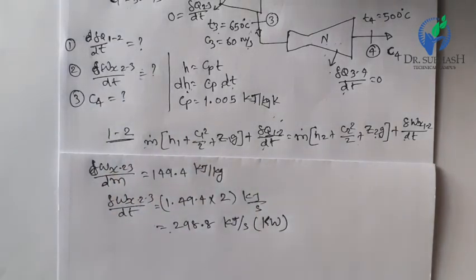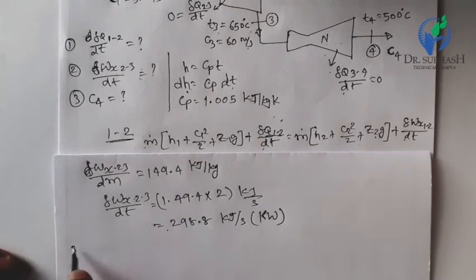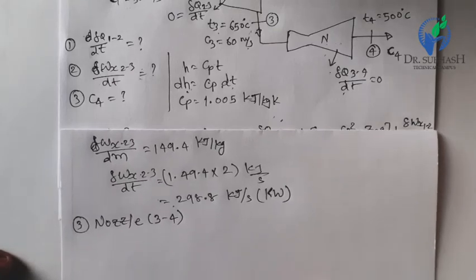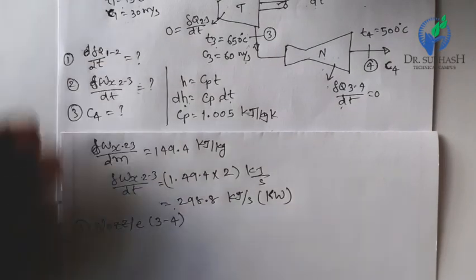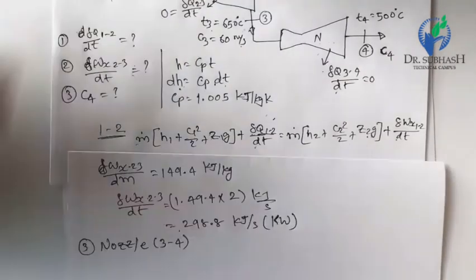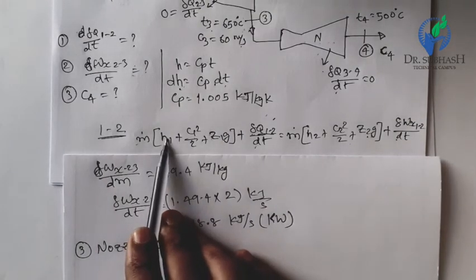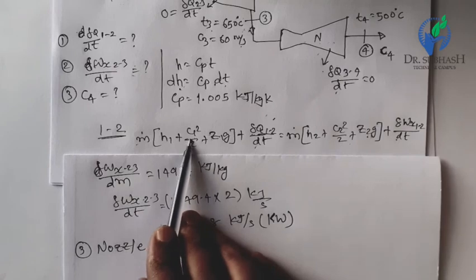Here enthalpy will remain the same, and C3 and C4 will remain as they are. Z1 equal to Z2 we can neglect, as there is no heat transfer given, so this term will be neglected. There is also no work transfer, no work production or work consumption, so we can neglect this term too.